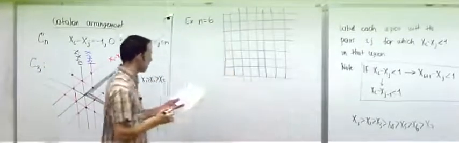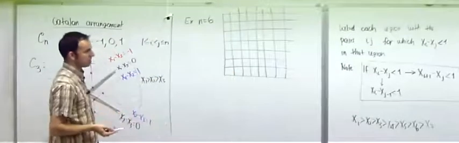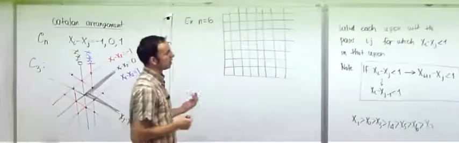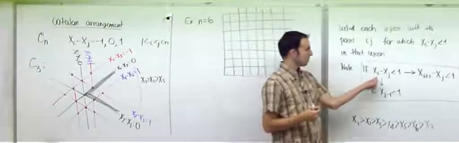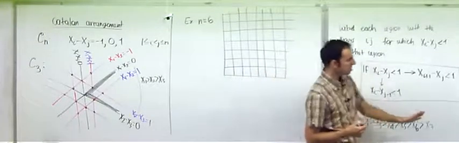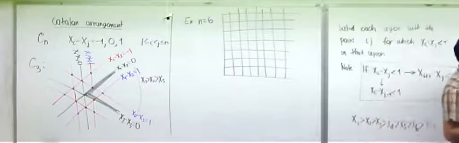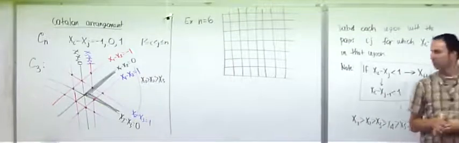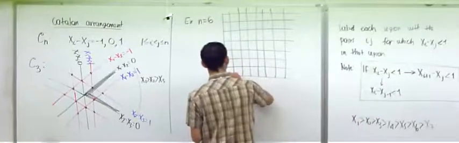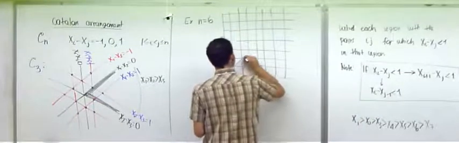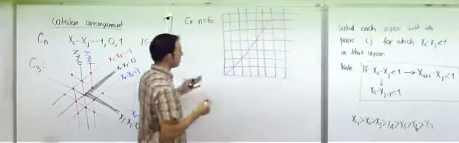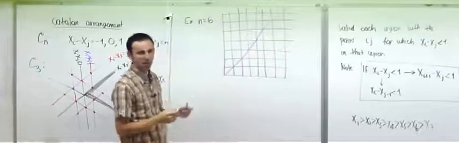And I need to put some dots. Now one thing you'll realize is that I always put dots when i is less than j, right? The dots are always above the diagonal because always the first label is smaller than the second label. So there's not going to be any dots over there. The dots are above that diagonal.